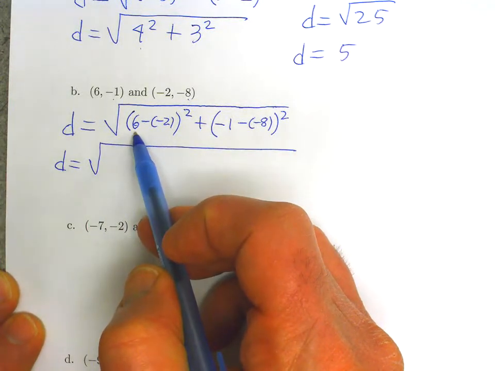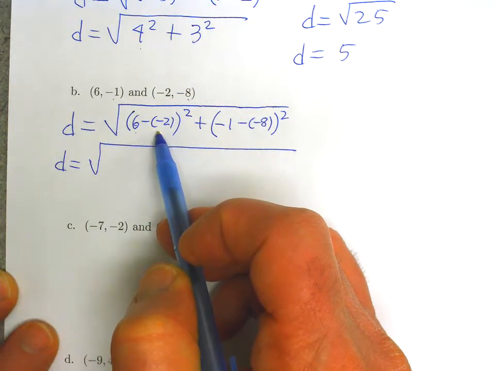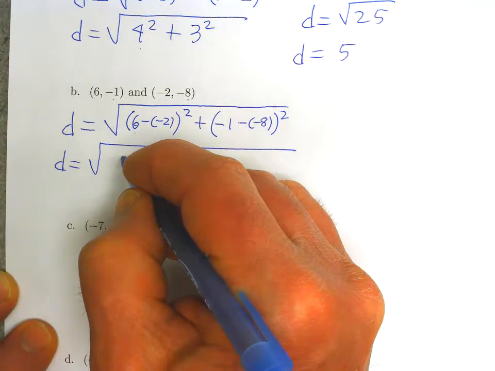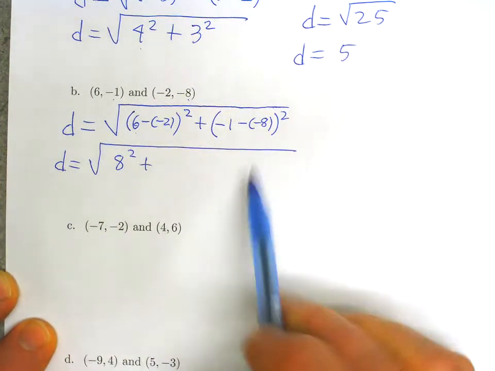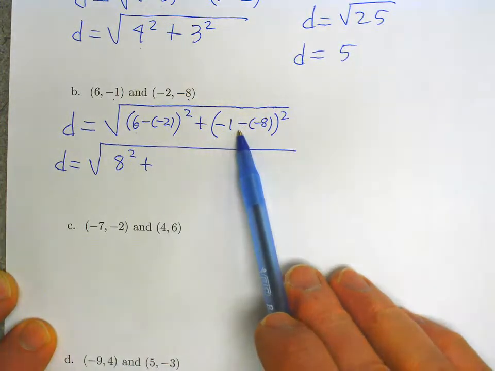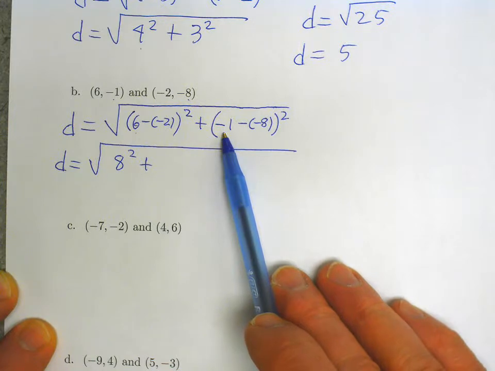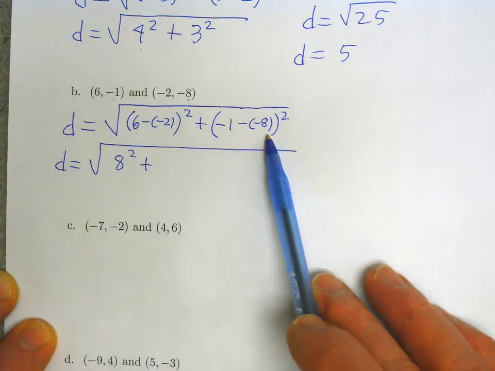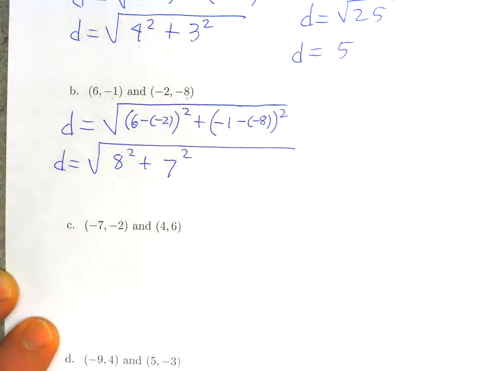Okay, inside this set of parentheses, 6 minus negative 2 is the same as 6 plus 2. So 6 plus 2 is 8, so we get 8 squared. And then over here, negative 1 minus negative 8, that's equivalent to negative 1 plus 8. And negative 1 plus 8 is 7, so we get 7 squared.